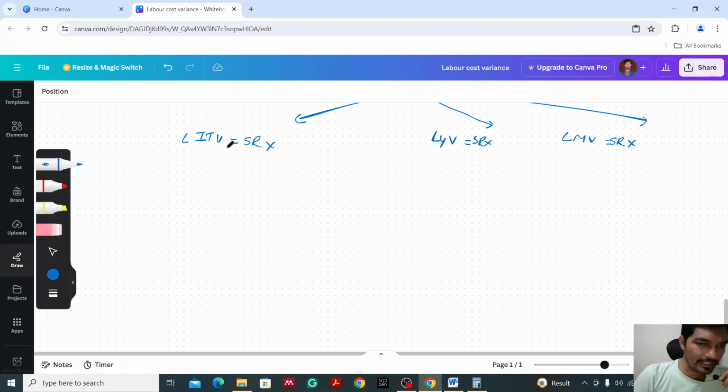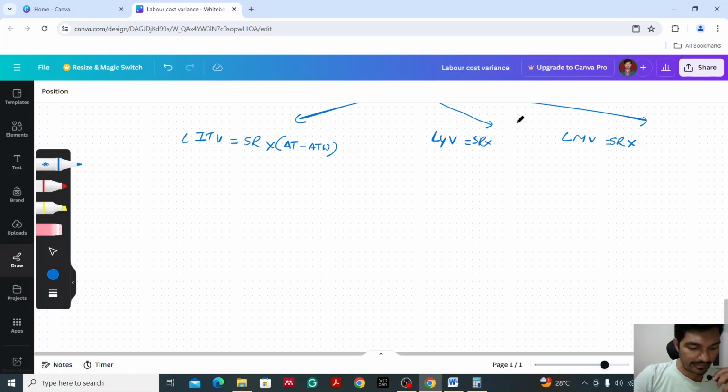So to calculate the labor idle time variance, we use standard rate multiplied by actual time minus actual time worked.